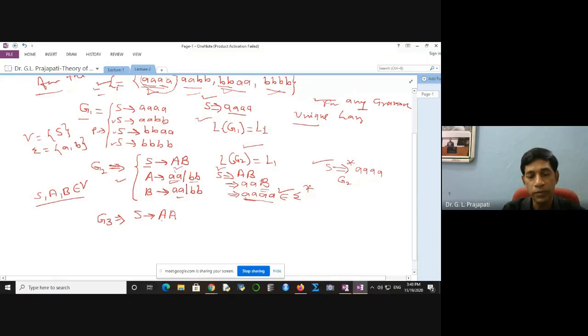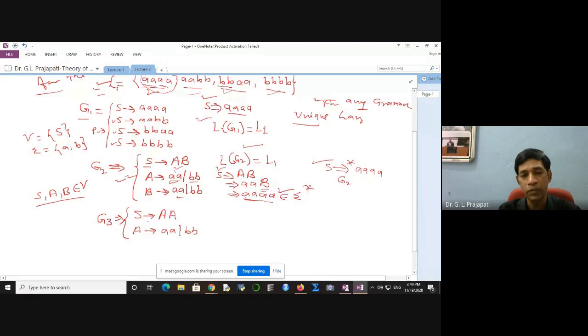So S derives capital A, the same non-terminal, and A derives either AA or BB. You have only these rules in this grammar, and this grammar is more efficient compared with G1 because you have used fewer non-terminals.